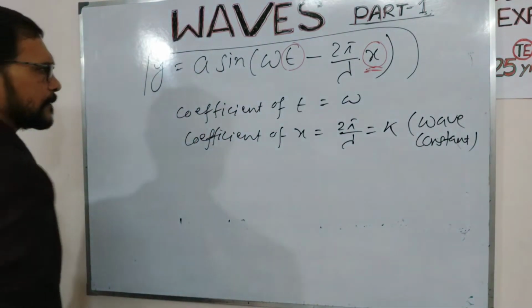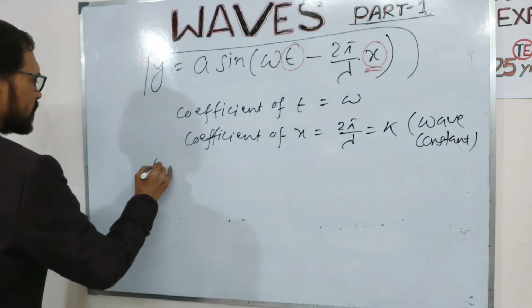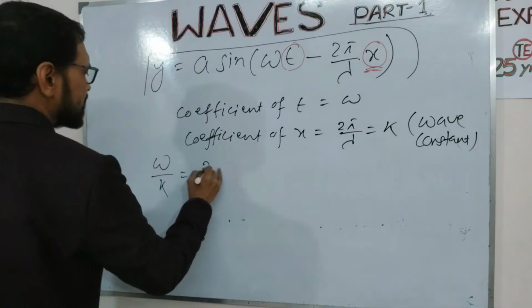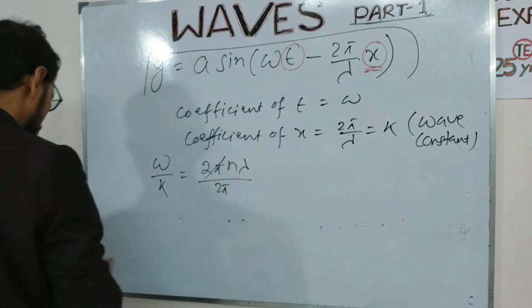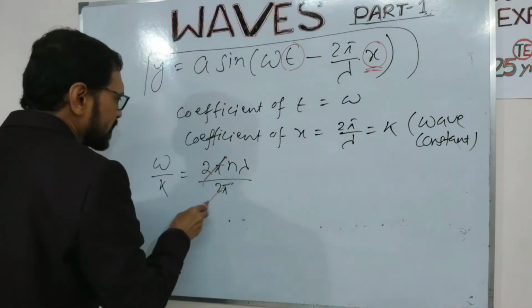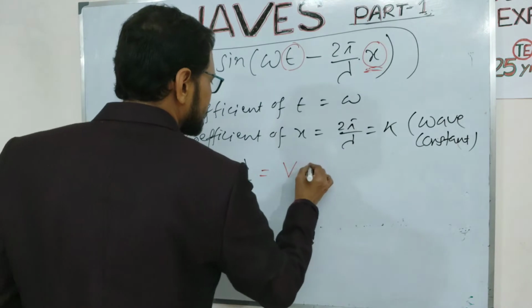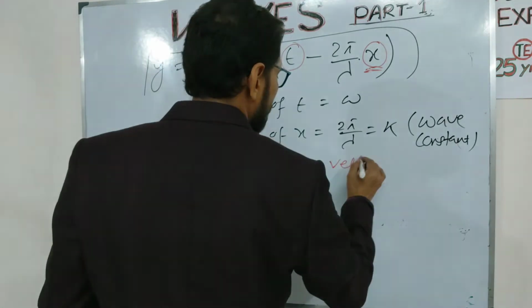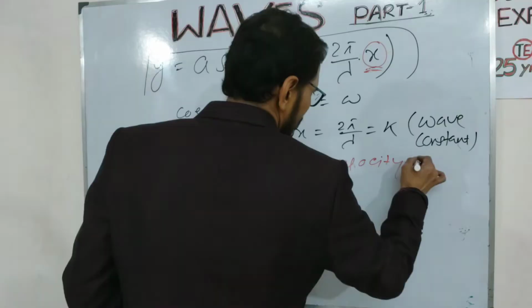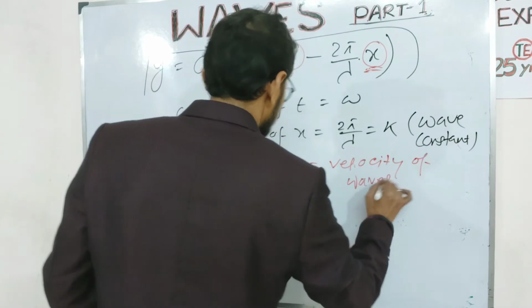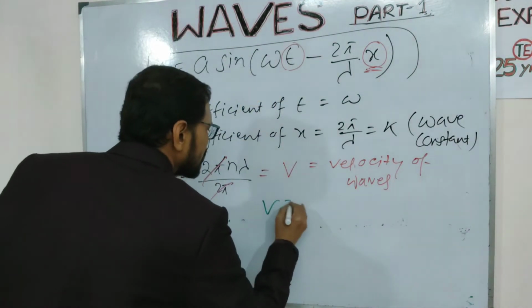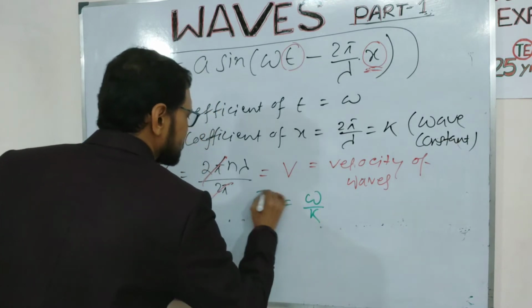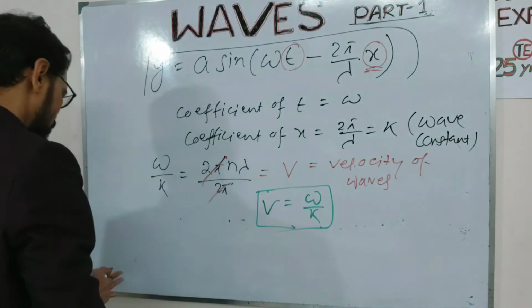If we divide omega by k, omega is 2 pi n, n is frequency, and k is 2 pi by lambda. So 2 pi cancels, and n lambda equals v, that is the velocity of waves. So the velocity of waves formula is v equal to omega by k. This is a formula.